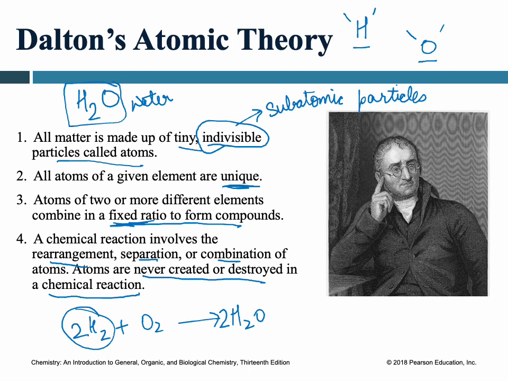You don't have to know this for now. We'll learn about this later on. But basically, in this reaction, we have 4 hydrogen atoms, 2 oxygen atoms. Initially, hydrogen atoms are just combined with each other, oxygens are just combined with each other. And then at the end, we still have 4 hydrogen atoms here and 2 oxygen atoms here. But now this hydrogen and oxygen are combined with each other. So the atoms have gotten rearranged, but we still have not lost any of the atoms.